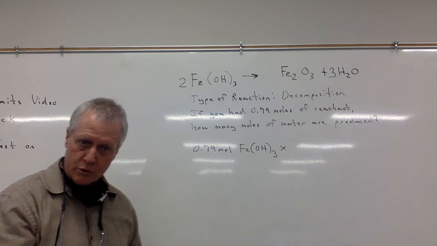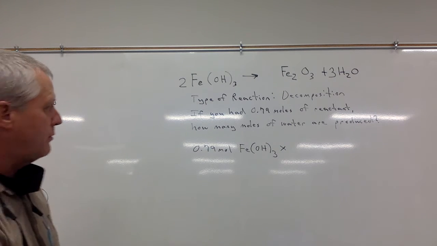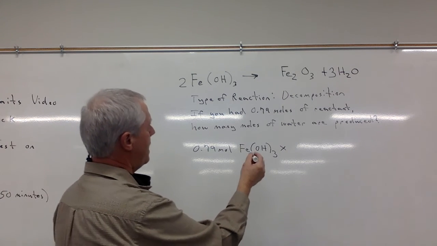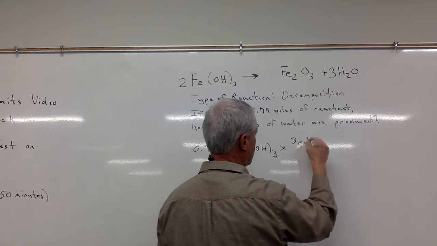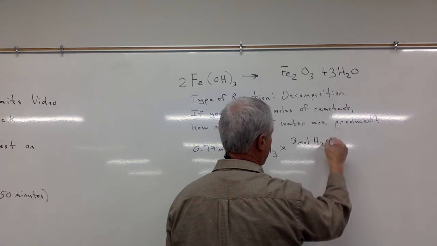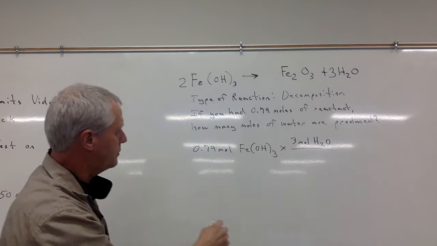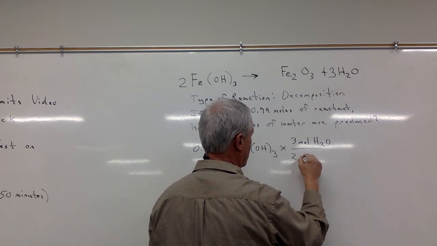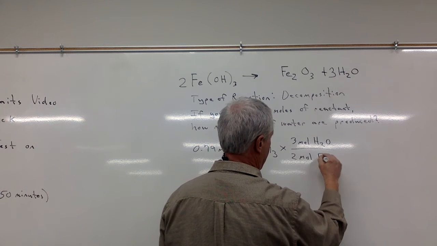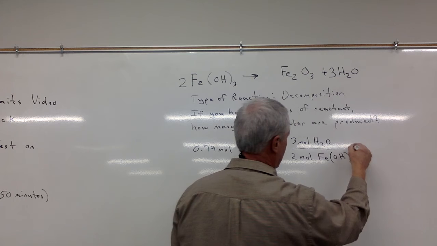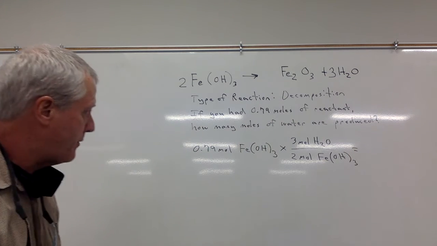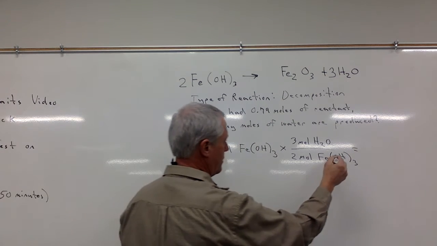And now we need a conversion factor so that we can get to moles of water. So we know that there's 3 moles of water for every 2 moles of the iron hydroxide. Now, when we do the math, we've got it set up where we can cancel our units here.